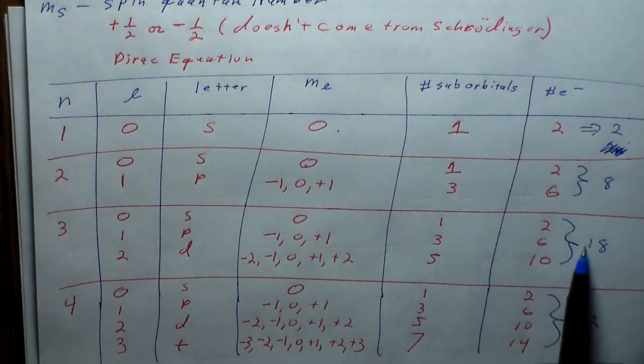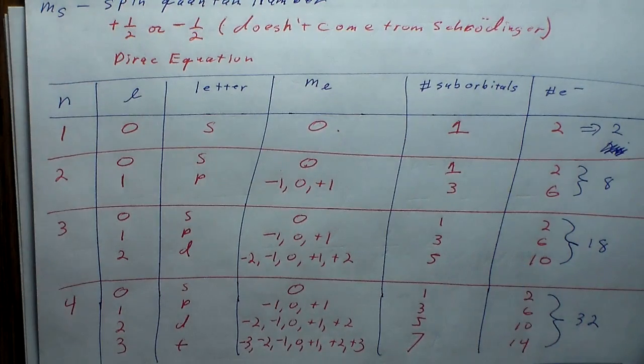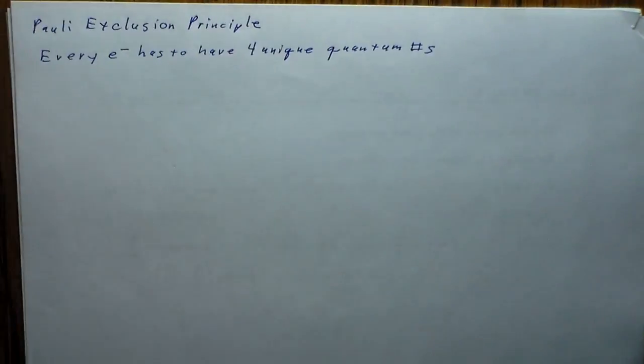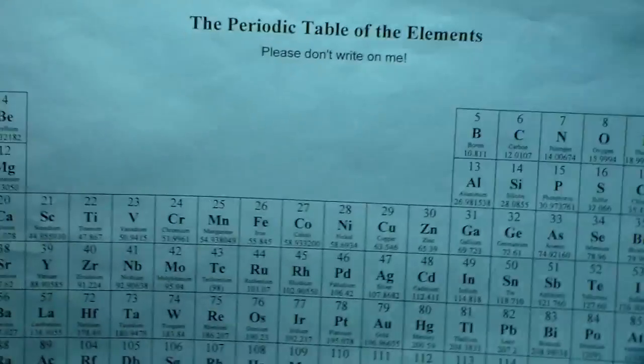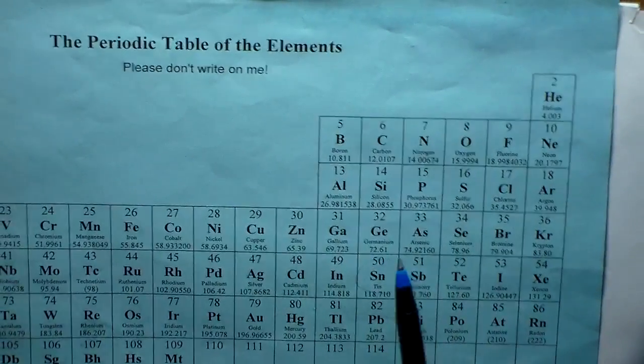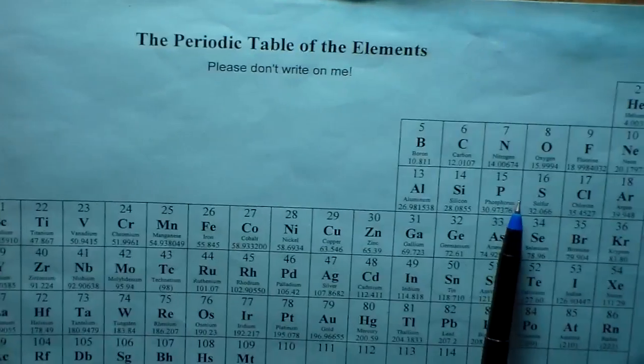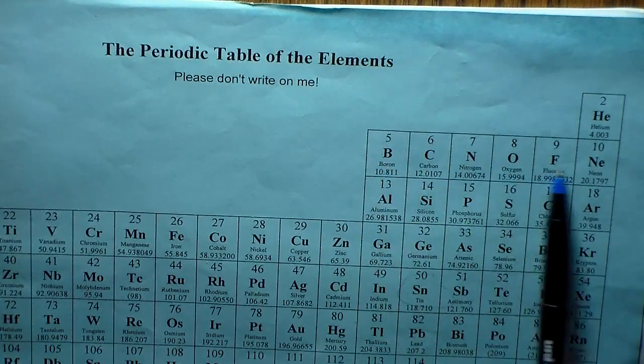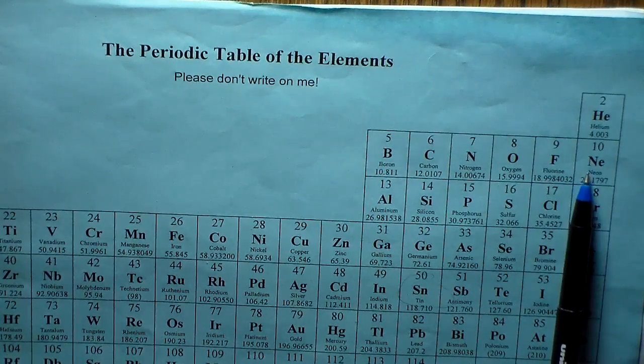So that's why these things fill up in this particular order, and why the whole periodic table has the shape that it actually has, right? If you remember, these are my s orbitals over here, these are my p orbitals over here, here are my d's, there are my f's. This is why they have these certain amounts in there, because there are 3 p orbitals here, each one can take 2.